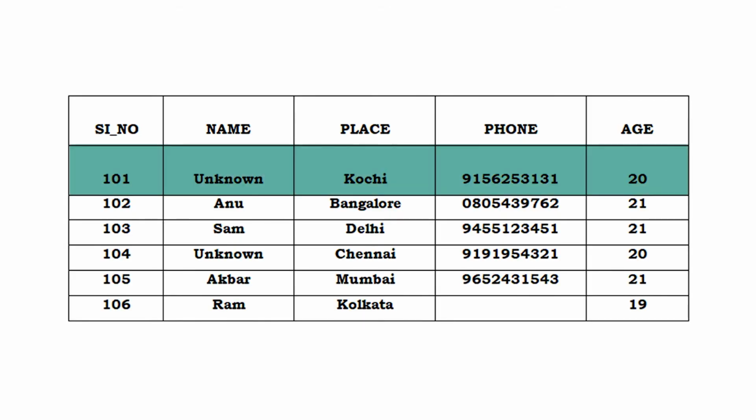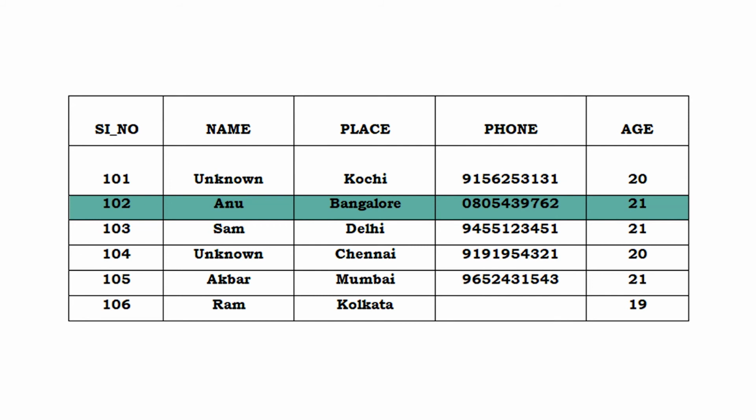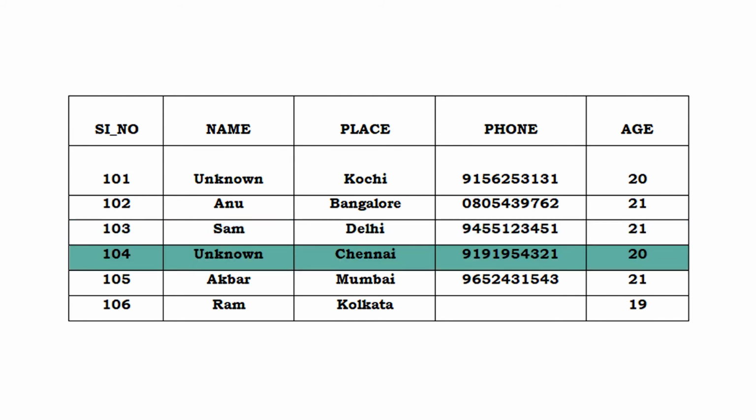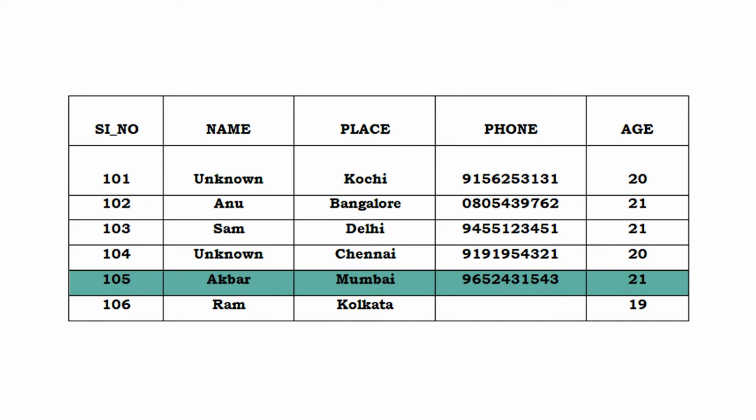This query will update two rows, the first row and the fourth row, and the table student will now look like this: 101 unknown Kochi 9156253131 age 20. 102 Anu Bangalore 0805439762221. 103 Sam Delhi 9455123451 age 21. 104, the name will be unknown, place Chennai, phone number 9191954321 and age 20. 105 Akbar Mumbai 965243154321.